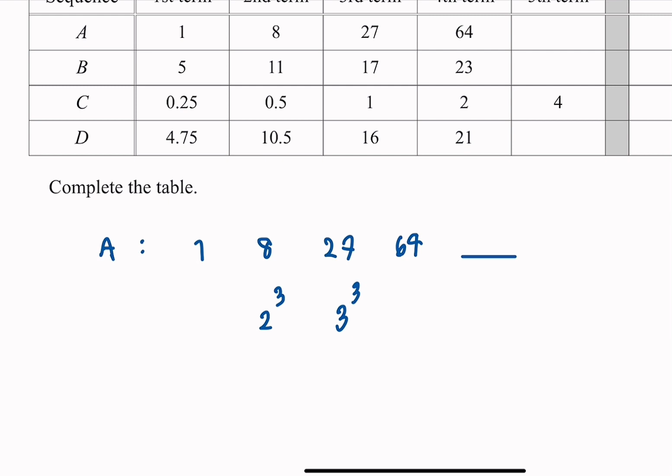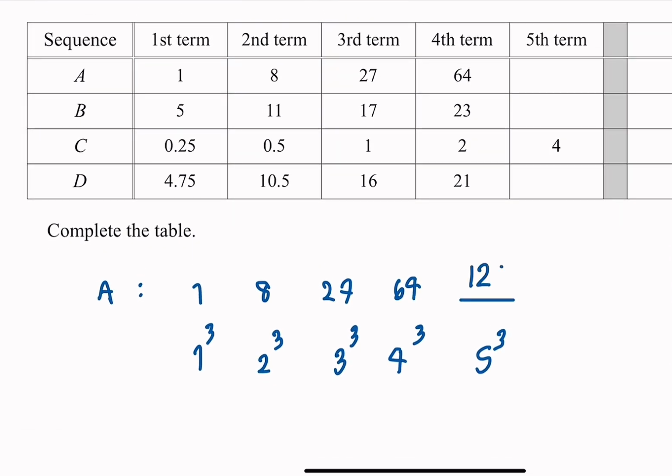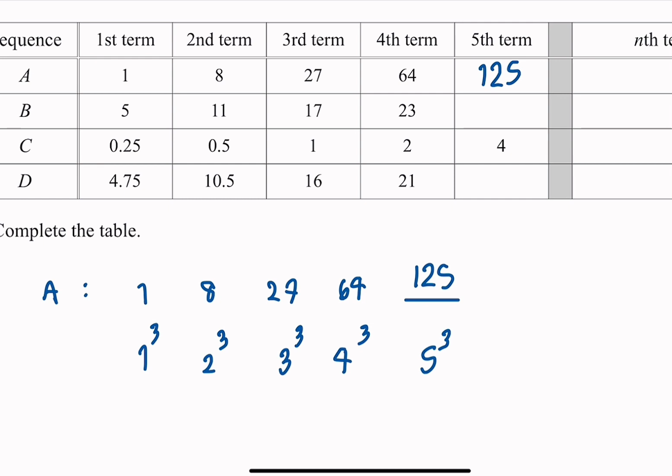And also, I checked that 64 is also 4 cubed. And this is going to be 5 cubed. And 5 cubed is equal to 125. This is your answer. And write this sequence in n term. Therefore, n cubed.